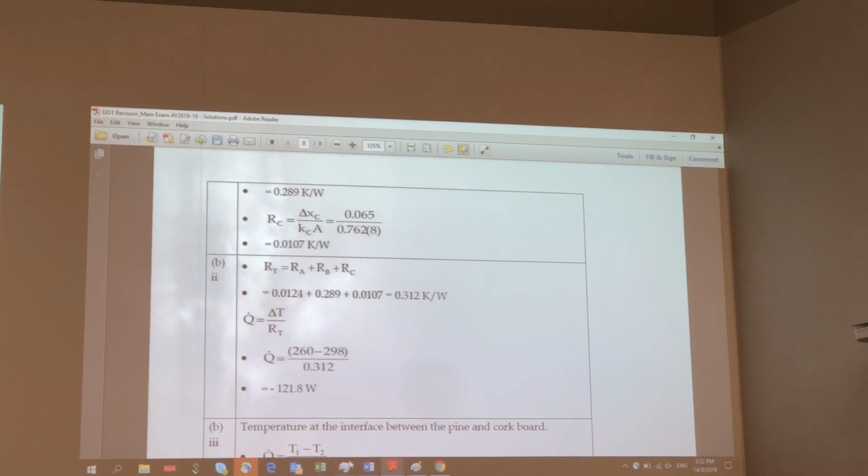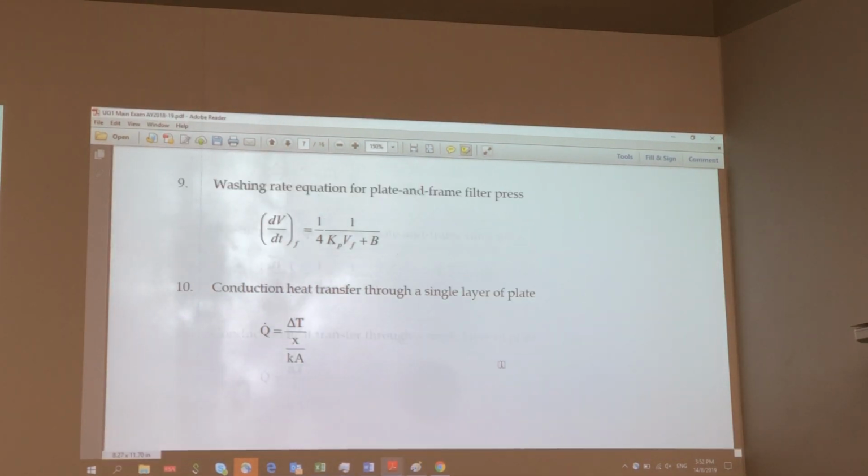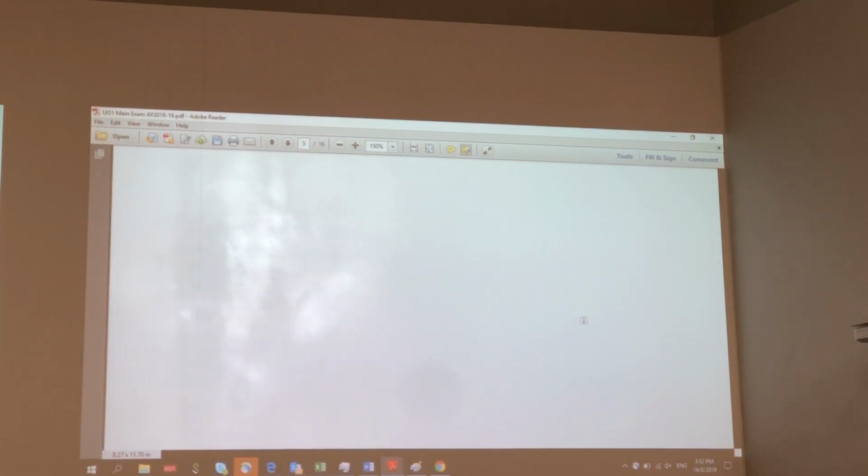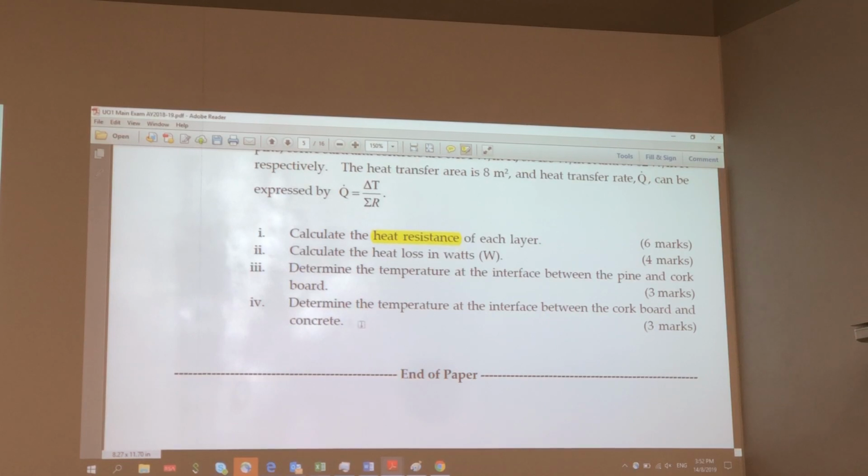Here the heat is minus, why? Let's come back to the question and see what is asked. It says, calculate the heat loss in watts. Calculating the heat loss means your value will be negative.